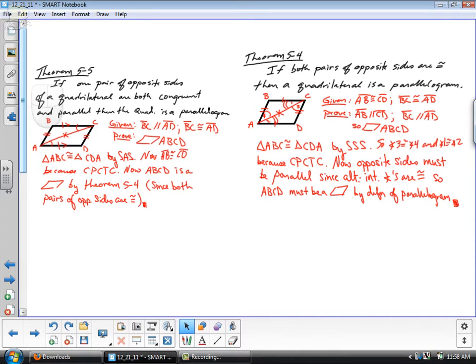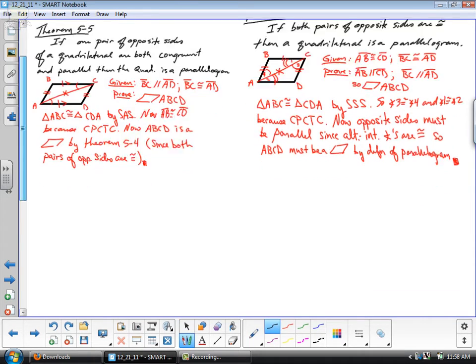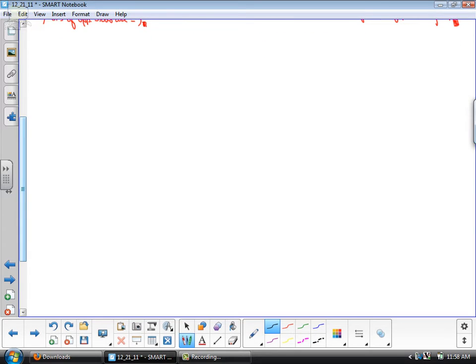Now theorem 5-6. If both pairs of opposite angles of a quadrilateral are congruent, then the quadrilateral is a parallelogram.